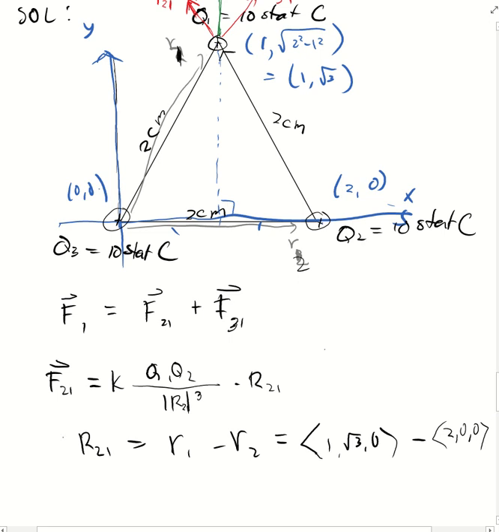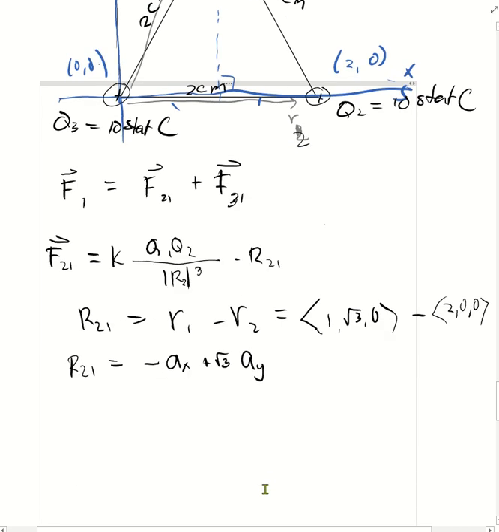So R21 now, we just need to subtract that. R21 will be equal to 1 minus 2, then square root of 3 minus 0, then 0 minus 0. So this is negative 1 in the x direction. Then in the y direction, square root of 3 minus 0, that's positive square root of 3 AY. So that is our R21.